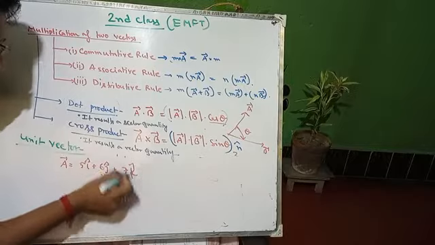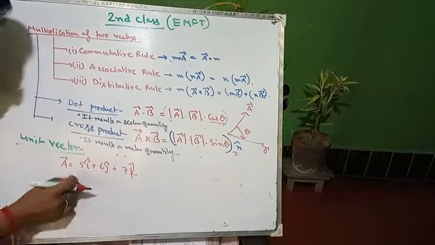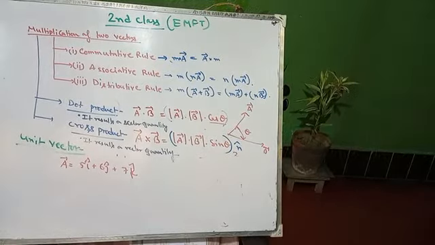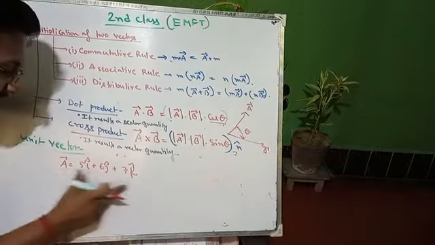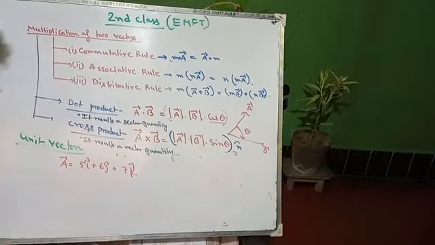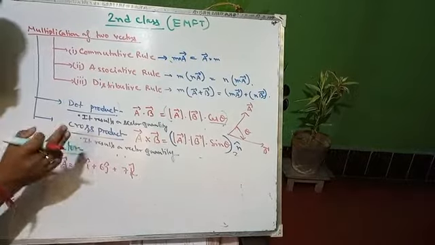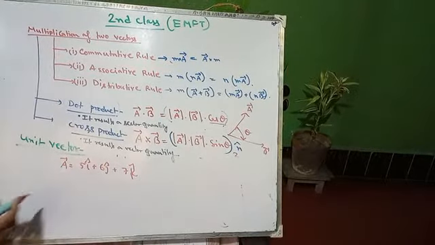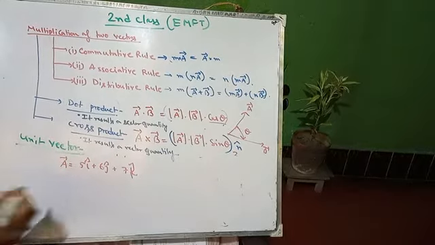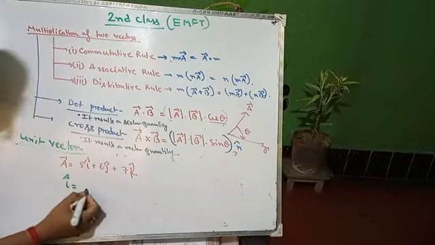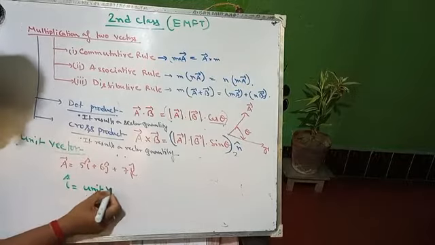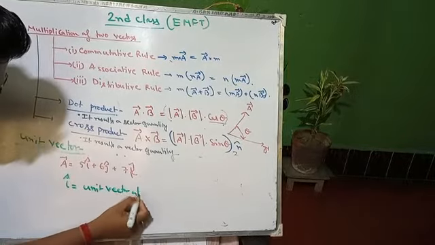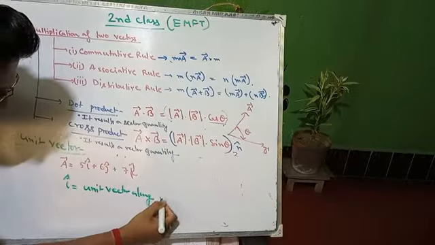These are nothing but the unit vectors along x, along y and along z. This i cap means the unit vector along the x axis.